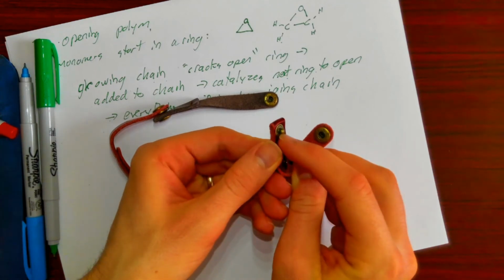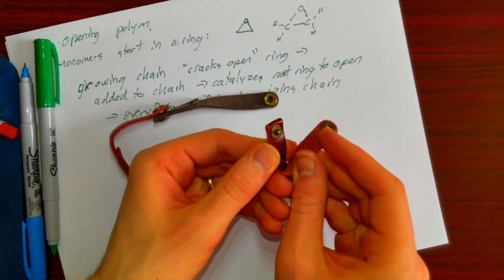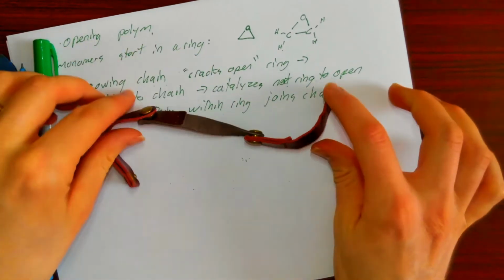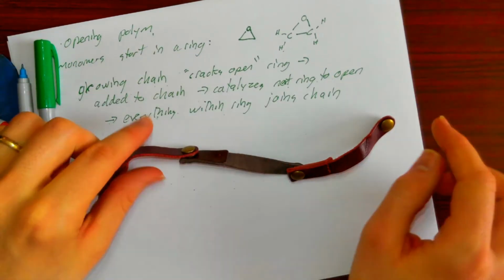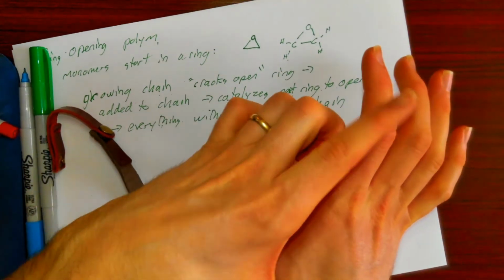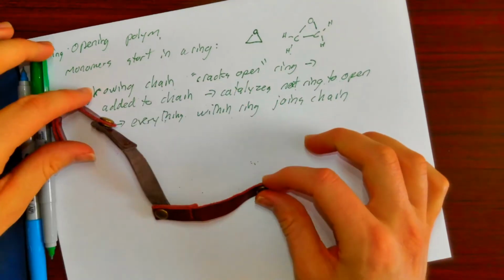And again, these are snaps, right? There's the sticky outy part and the go-in-y part. That cracks open the next thing that can then join the chain. If I had more and more of these monomers, I could just keep doing that process where I crack open the ring, it joins the chain, and the exposed end then cracks open the next ring.